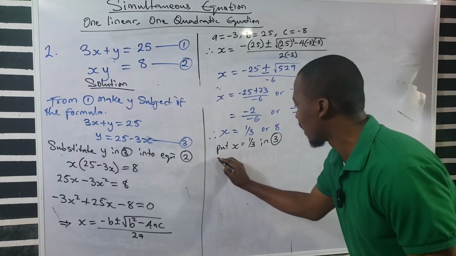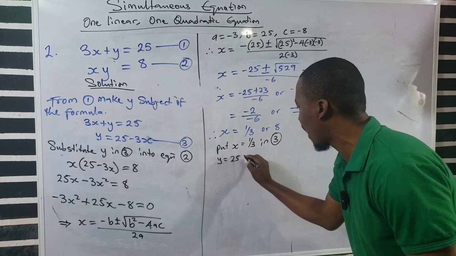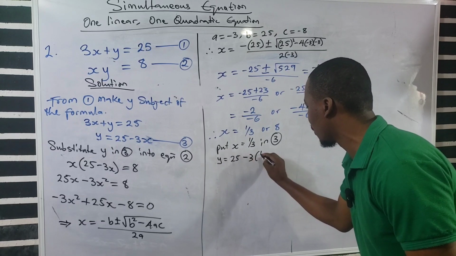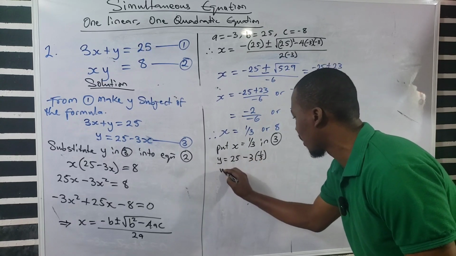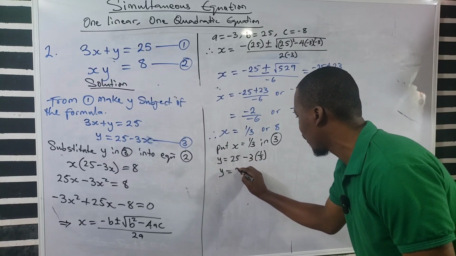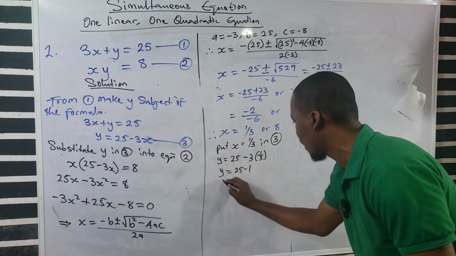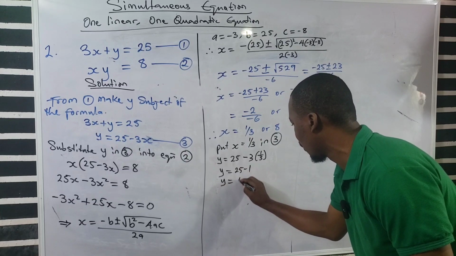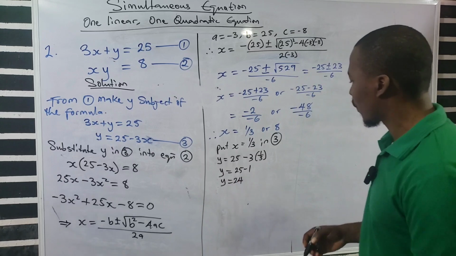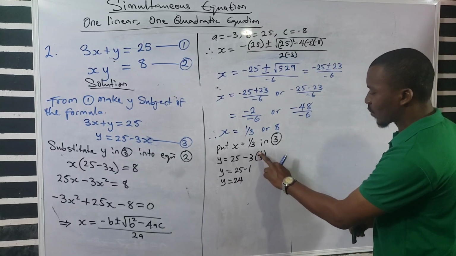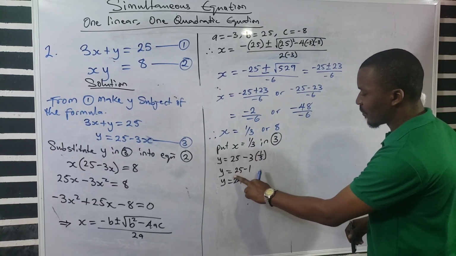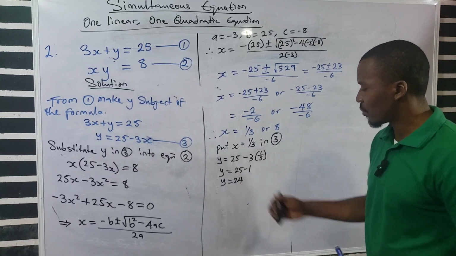So that will give us that y equals 25 minus 3 into 1 over 3. So that will give us y equals 25 minus 1. That will give us y equals 24, because 3 times 1 over 3 will give you 1, then 25 minus 1 will give you 24.